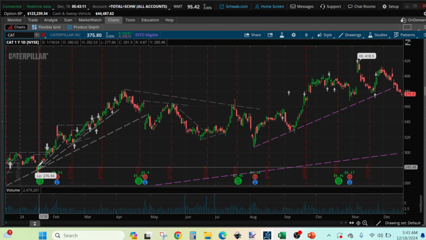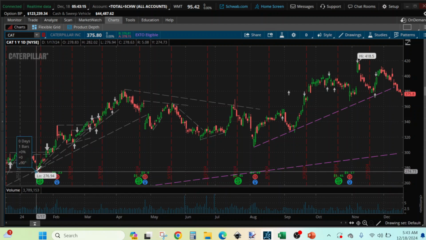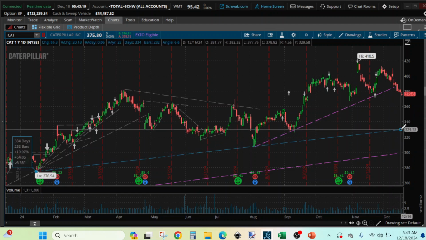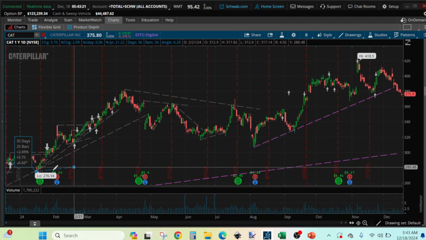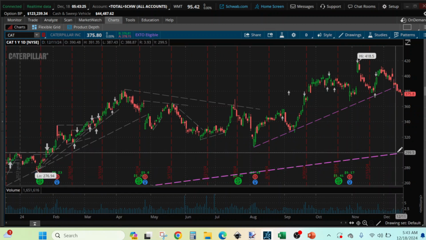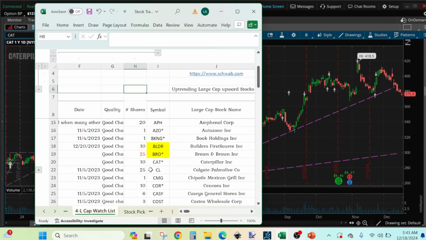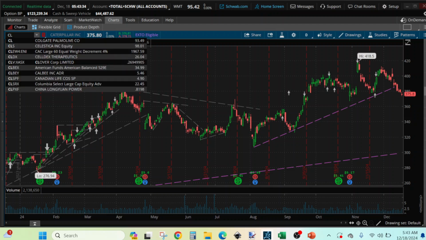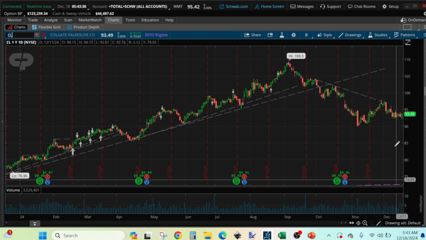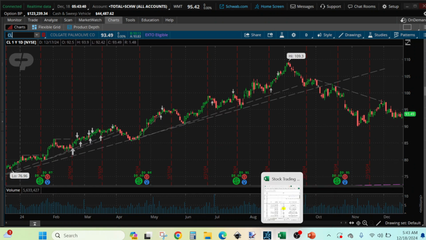We even traced this trend line here, which will be a 1 year trend line. But it's not too far from this one, and I prefer to use this as a reference once it crosses the first one. CL, we like to buy it at that line, but it's right there.